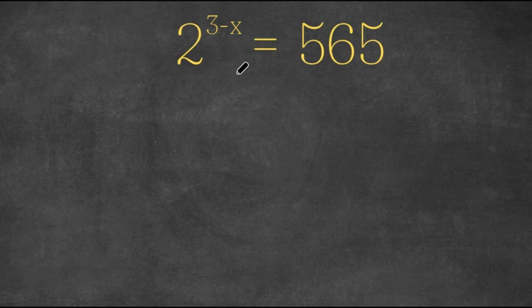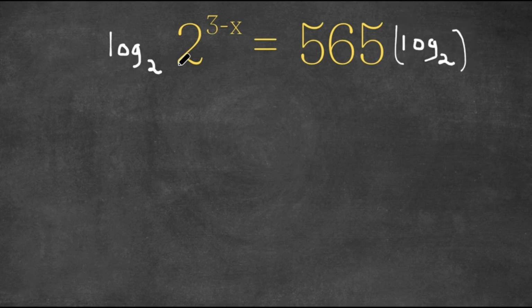To cancel out an exponent, what we need to do is take the inverse of the exponent. And the inverse of an exponent is a log. So if I take the log of base 2 on both sides, then these two would cancel out because the log is the inverse of the exponent.